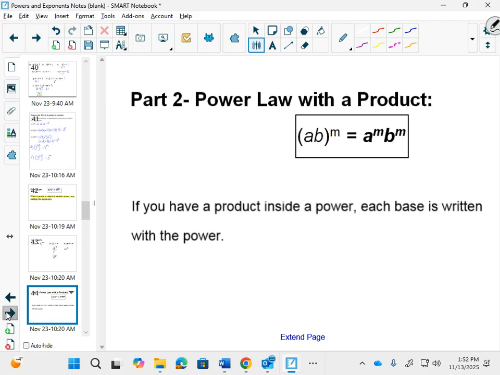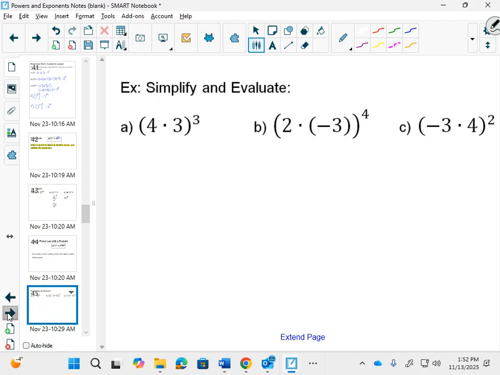The second part of the power law. If you have a product inside of a power, each base gets the power. And again, I think this is easiest to see. A couple of ways we could do this one.